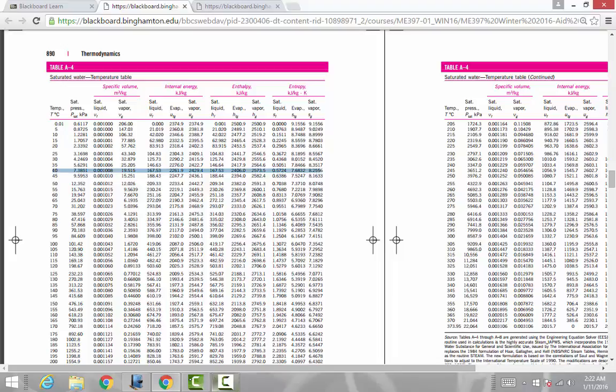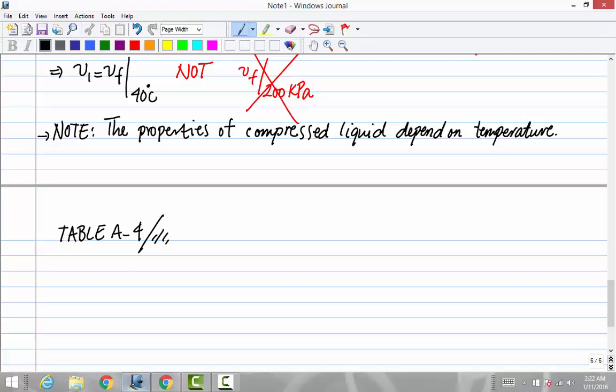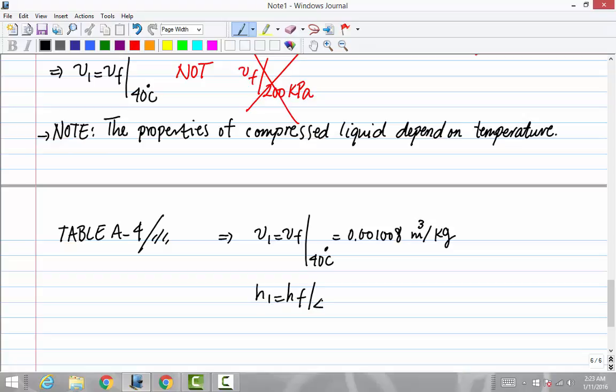So according to this table, I'll summarize that little v equals vf at 40 degrees C. Again, it's at that specific temperature, not pressure, which is 0.001008 meters cubed per kilogram, and enthalpy h1 equals hf at, again, 40 C, which is 167.53 kJ per kilogram.